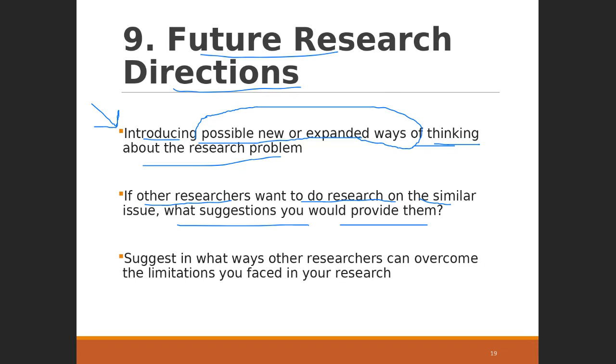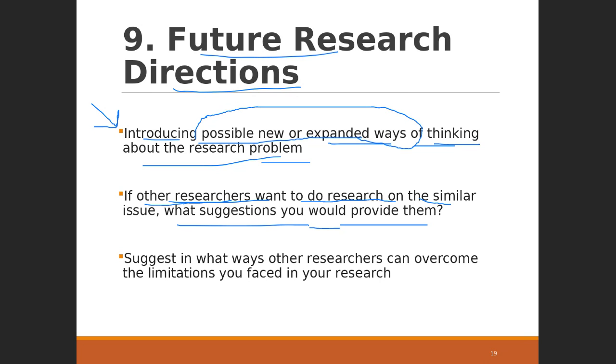So luxury consumption is not simply a function of income. So this is how you can introduce some expanded ways of thinking about your research problem, and you can suggest to other researchers who are doing research on the same topic in the future. You can give suggestions to them.